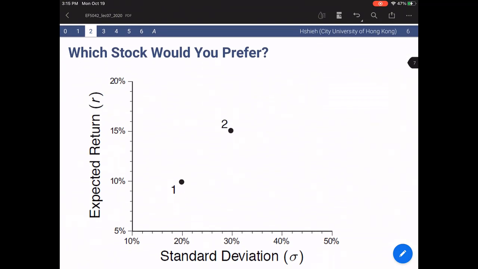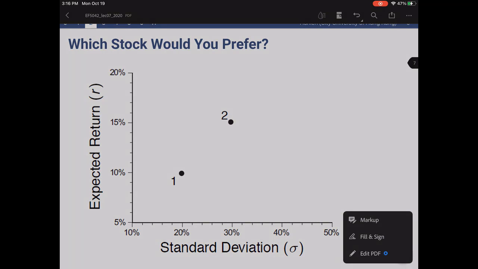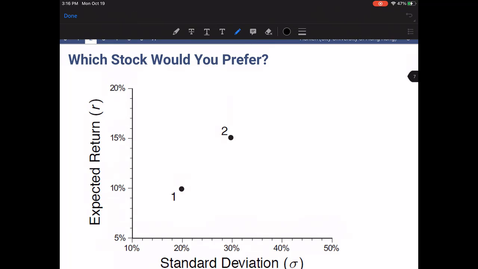Okay, so let's look at this following graph. Again, let's presume that investor A has a steeper indifference curve. Well, maybe that's too steep. Let's be more realistic here. Okay, that's investor A. And then investor B again has a relatively flat curve.